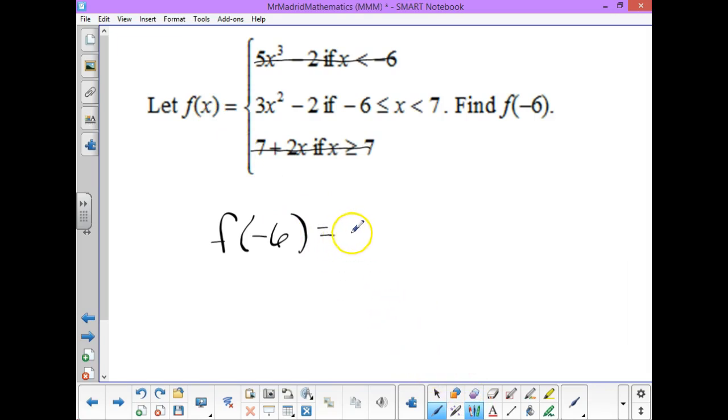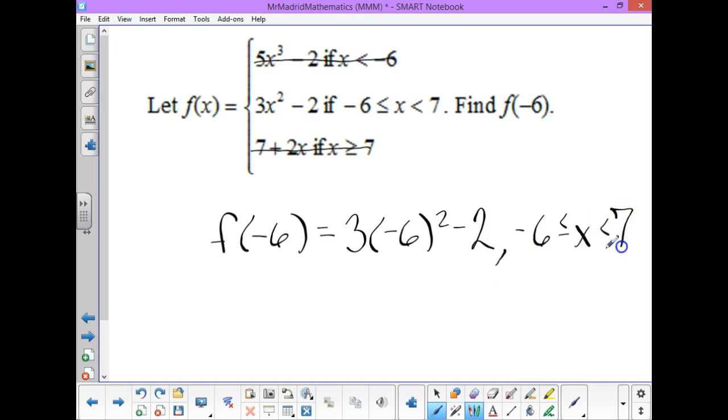So f of -6 is 3 times -6 squared minus 2. What I've done is simply plug in. I don't have to, but it's not going to kill me to just remind myself of the interval that I'm working with, so I'm going to encourage that.